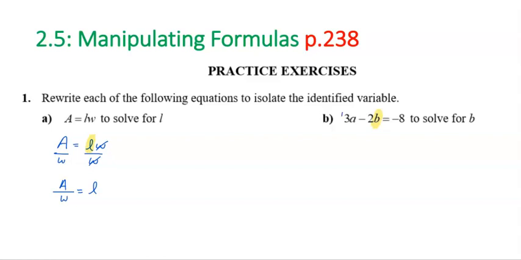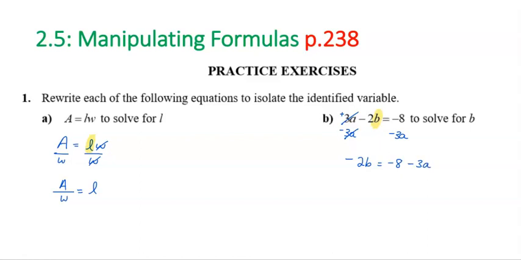So we have a positive 3a over here. We're going to subtract that 3a from both sides. So that's going to cancel, leaving us with a negative 2b is equal to negative 8 minus 3a.